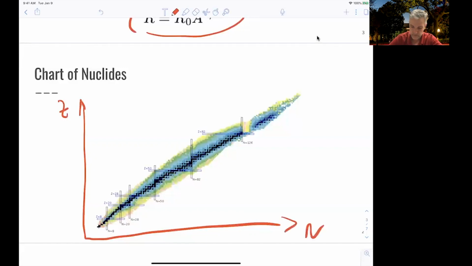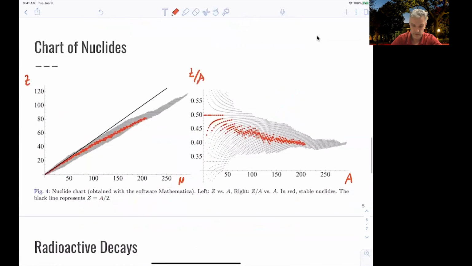And we'll look at many more of those charts later.